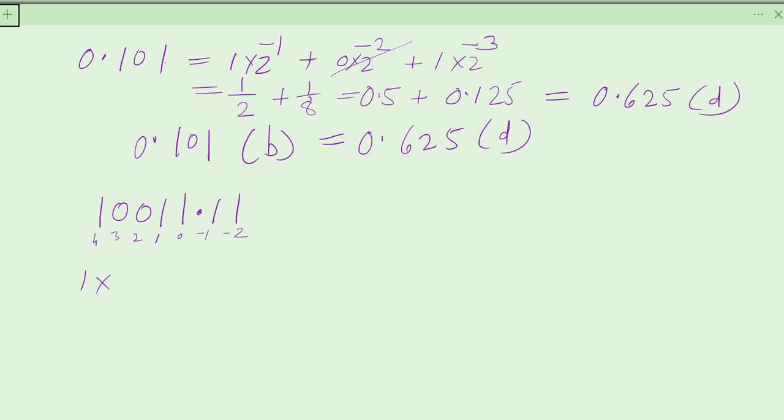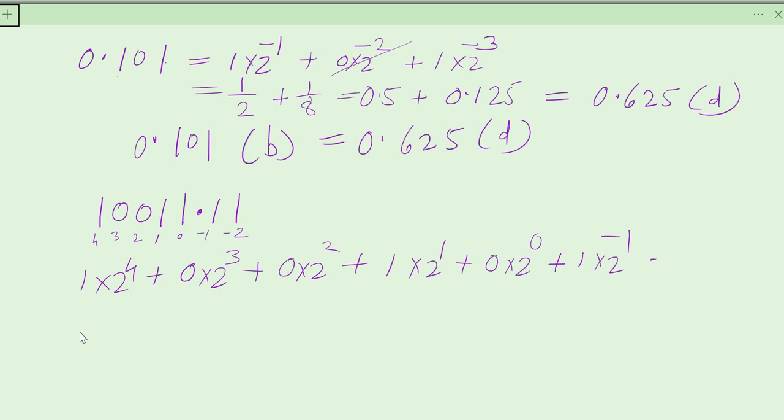So 1 into 2 raised to 4 plus 0 into 2 raised to 3 plus 0 into 2 raised to 2 plus 1 into 2 raised to 1 plus 0 into 2 raised to 0 plus 1 into 2 raised to minus 1 plus 1 into 2 raised to minus 2. So cancel the 0 terms.